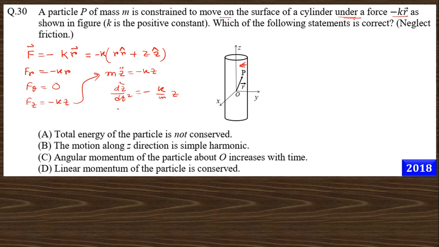This can be written with omega square, so d2z by dt square plus omega square z is equal to 0. This is the simple harmonic motion differential equation. So the motion along the z direction is simple harmonic, and total energy is conserved since the curl of this vector is 0. So this option is the correct answer. Option number B is the correct answer of this question. Go to the next one.